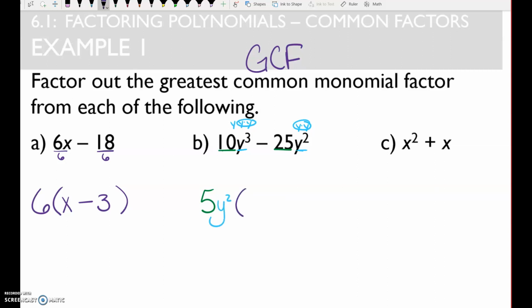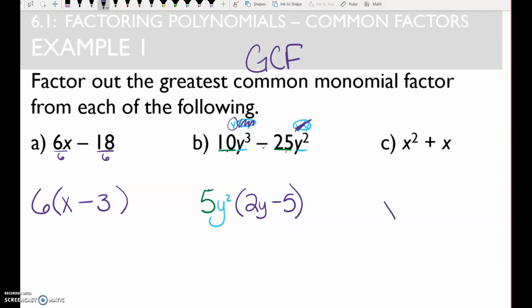So if I do 10 divided by 5, I'm left with 2. Y cubed, you take 2 of those out, you're left with a y. Negative 25 divided by 5 is negative 5. You take those y squared out, and you don't have any y's left. So our factored form is 5y squared times the quantity 2y minus 5.